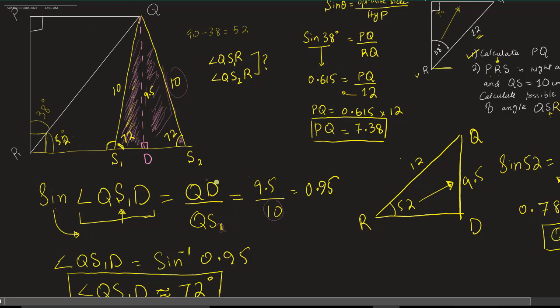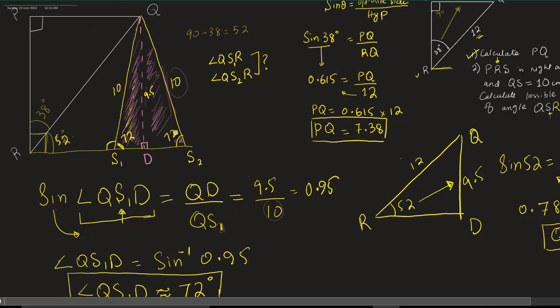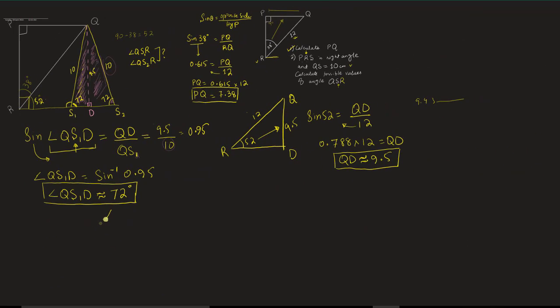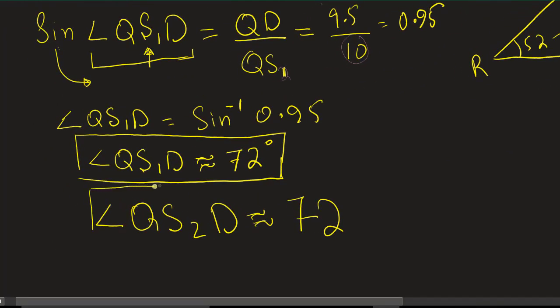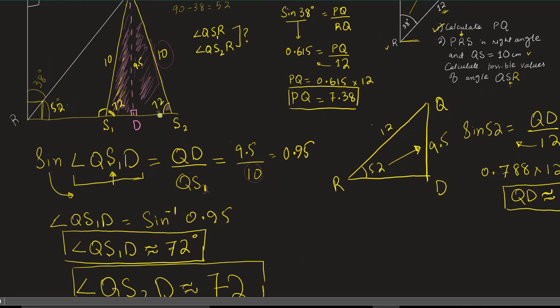So we for sure know that this S2 angle should also be equivalent to 72 degrees. Okay guys, but do we need the S1 or do we need the S2?